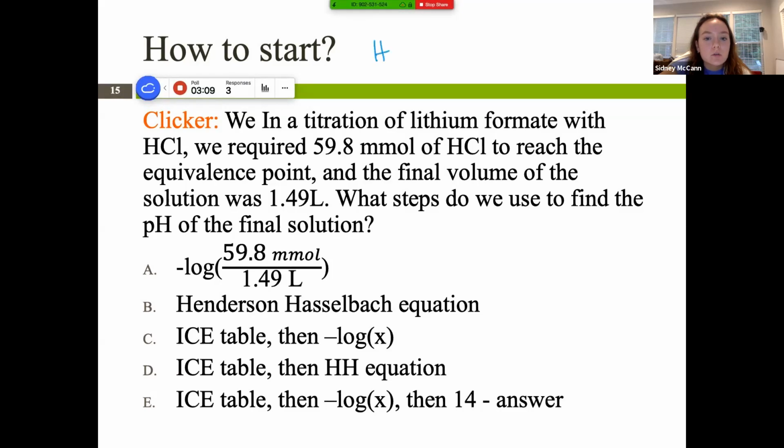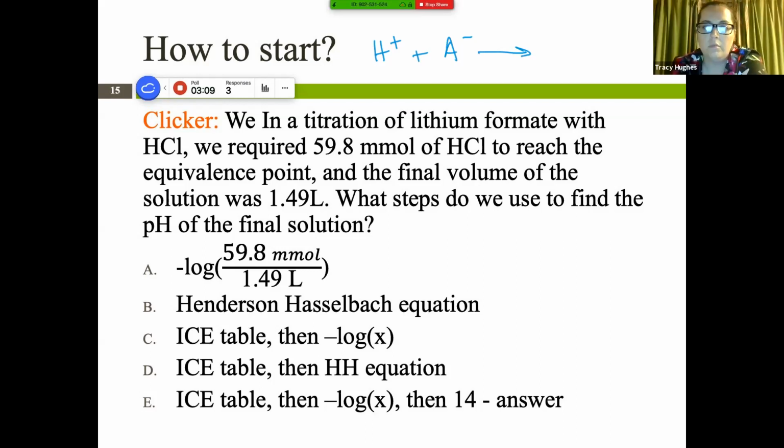So we said we have a strong acid and we have a conjugate base, and they're going to react completely, right? So what do we have after the reaction's done? What's that? Would it be a salt?